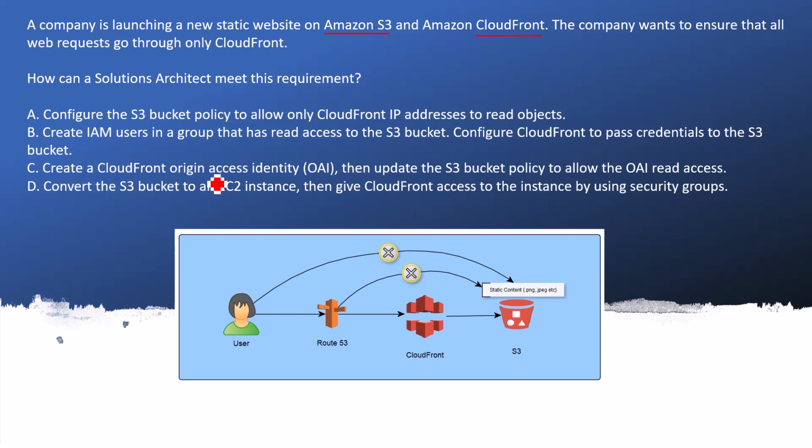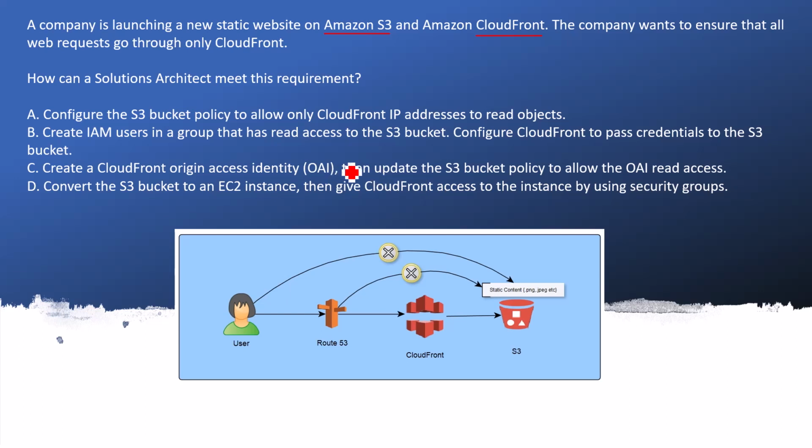Option C is to create a CloudFront origin access identity, then update the S3 bucket policy to allow the OAI read access. CloudFront has one more feature, the OAI concept, which I will explain in detail in the next slide.